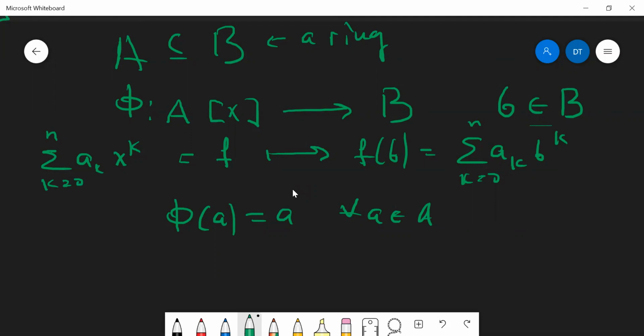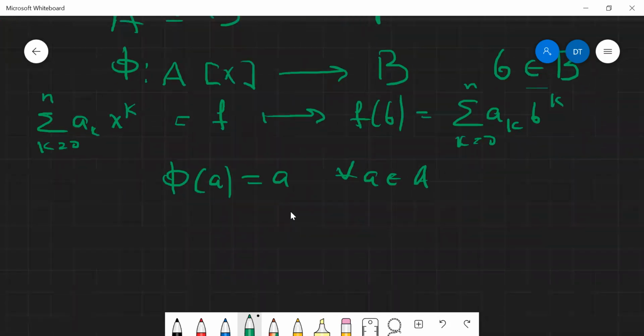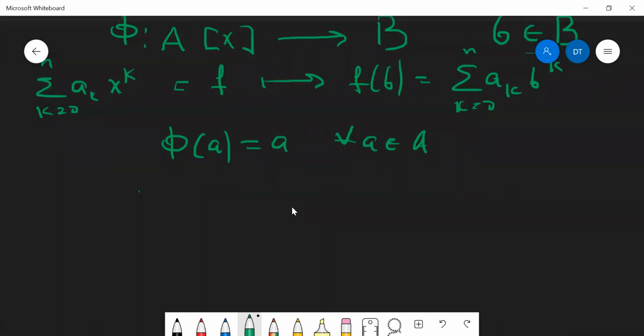So this is what I want you to know. If you want to consider a homomorphism from a polynomial ring to any other ring, then it will always be a substitution. For example, if I want to produce a homomorphism from the ring R[x] to the field C, the only option I have is to fix some complex number.